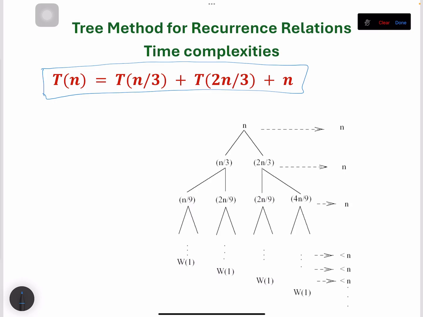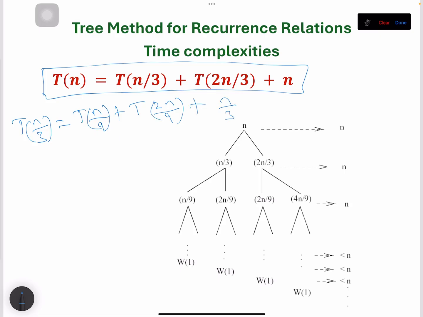Okay. So, based on what you have, we can tell that when the input is n over 3, you're going to get T(n/9) plus T(2n/9) plus n over 3.